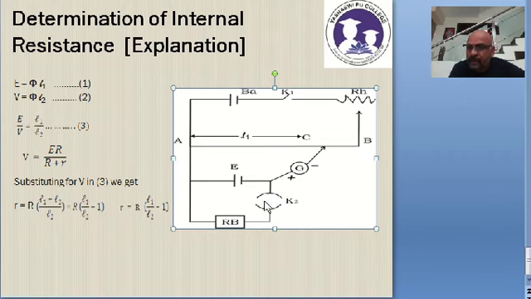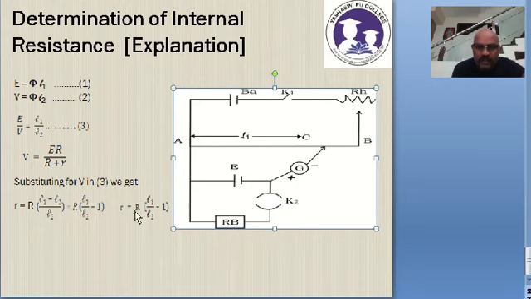Second case, you also close K2, resistance is included, and you measure the balancing length L2, which is proportional to the terminal potential difference, because the resistance is included in the circuit.